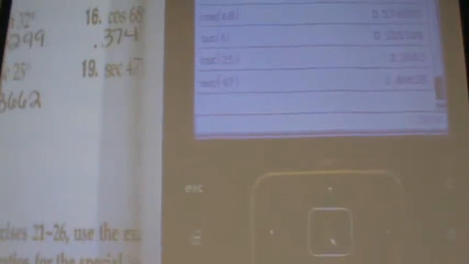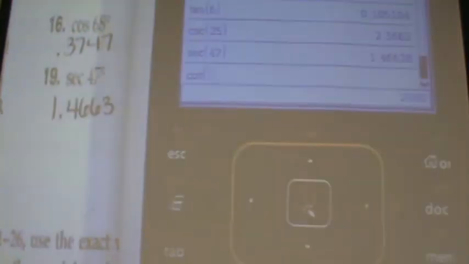Secant 47 is 1.466, and we're going to write 3. And cotangent 39. And I get 1.2349. Any questions on that?